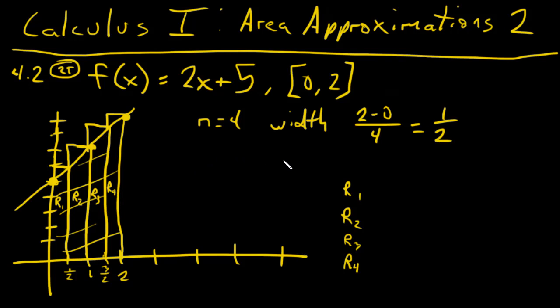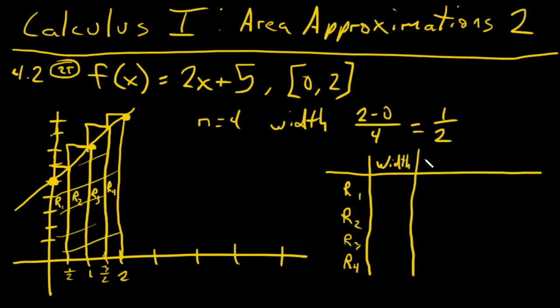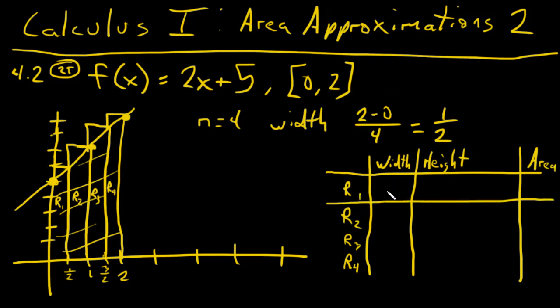So what do I need to find these areas? Well, I need the width, which I already have, and then I need the height, and just multiply them together for the area, right? There's the height, and this will be the area. So in the case of R1, the width we've already calculated is going to be 1/2.